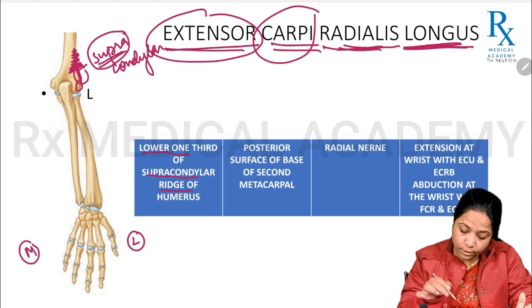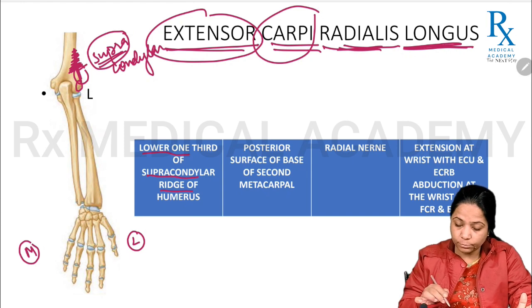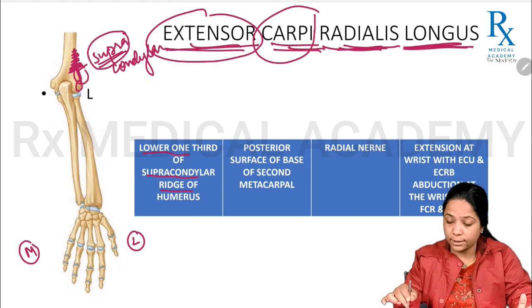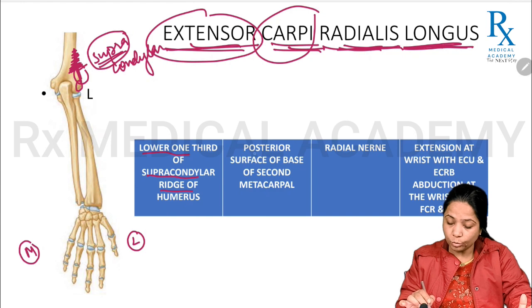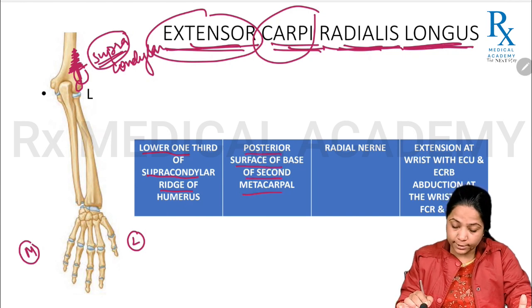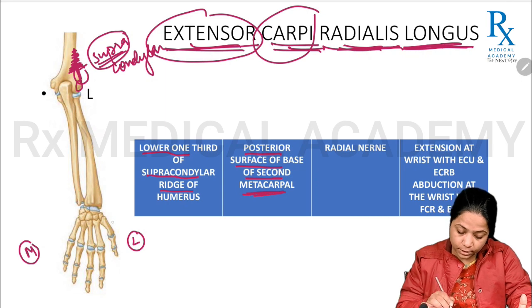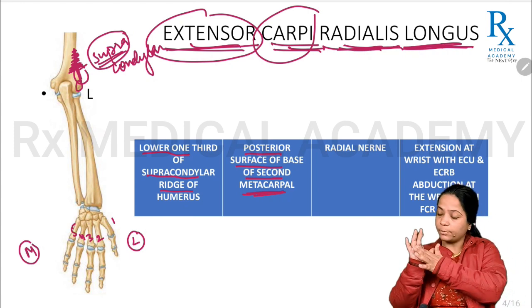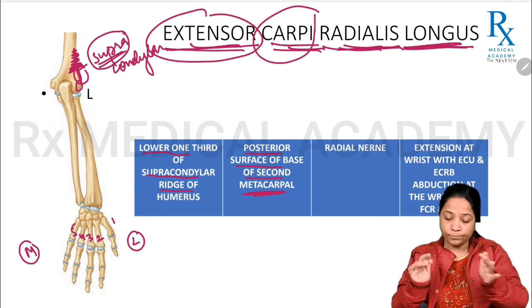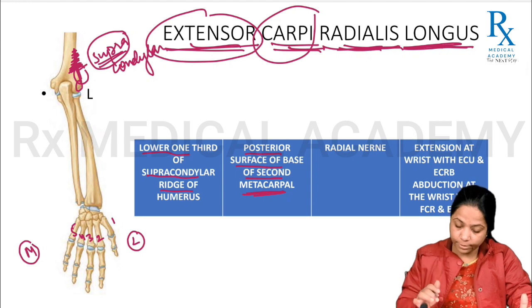From the lower 1/3 there is the origin of this muscle, that is extensor carpi radialis longus, and it is going to insert onto the posterior surface or the base of the second metacarpal. You can see here, this is the first metacarpal, this is second, third, fourth, and fifth metacarpal. Metacarpals are the bones in the palm and hand region, where there are 5 metacarpals.